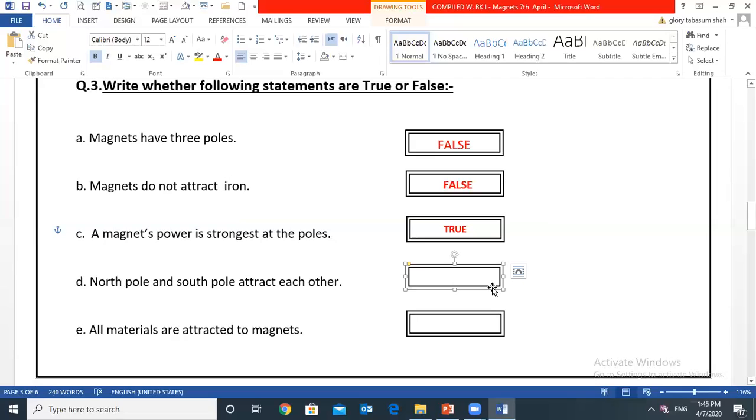North Pole and South Pole attract each other. True. All materials are attracted to magnets. Is it true or false? False.